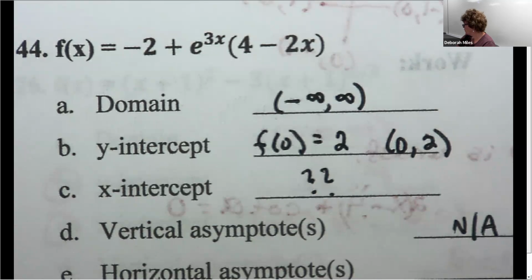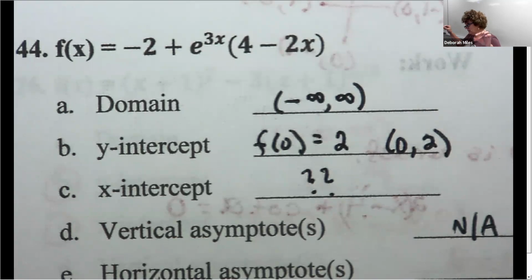What is it that we're finding when we set the function equal to 0? Hey, what's the definition of horizontal asymptote? What does that even mean when you say something is a horizontal asymptote? It can possibly go above, but if it does go above, it's got to come back down.